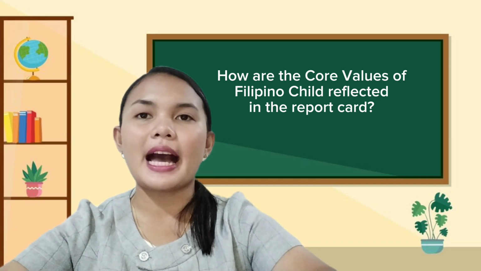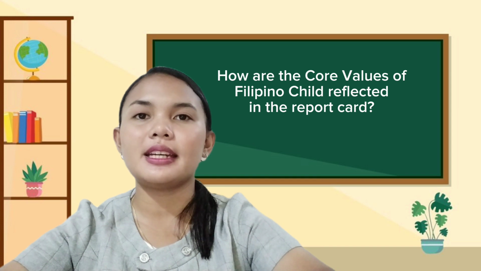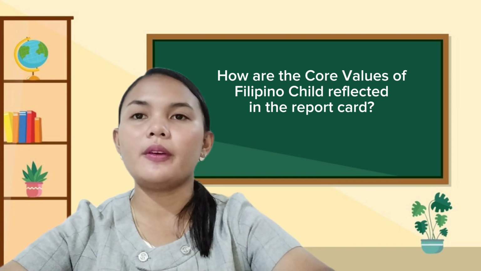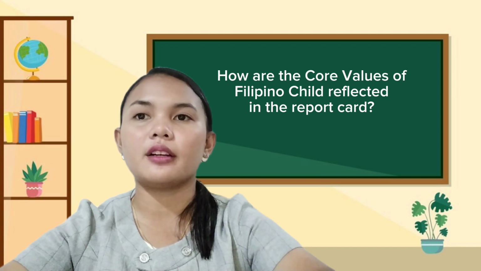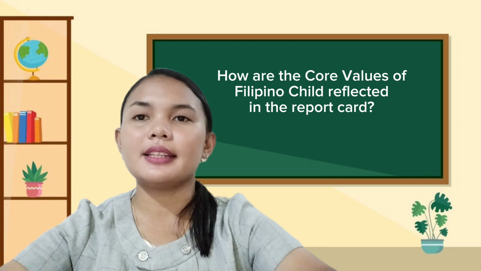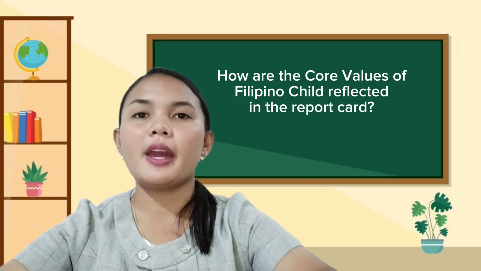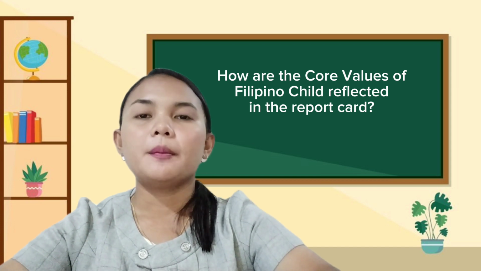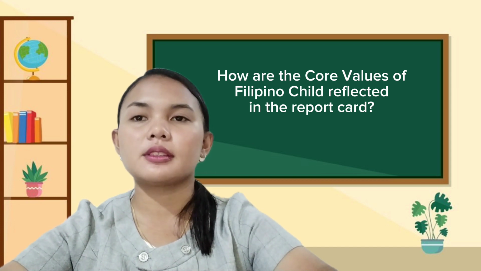The first one, we have respect for humanity and dignity. This core value is reflected in the conduct grade of the learners. The conduct grade assesses the learner's behavior and attitude towards others, including respect for authority, peers, and other individuals.